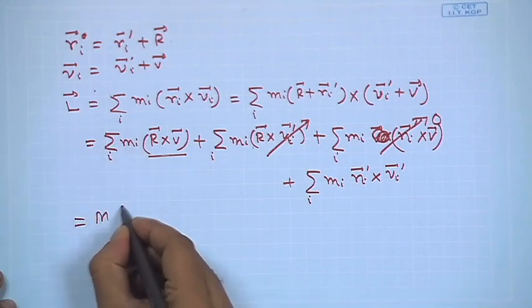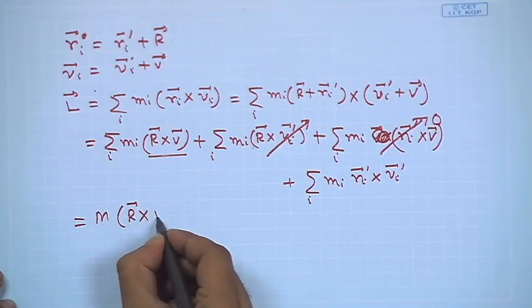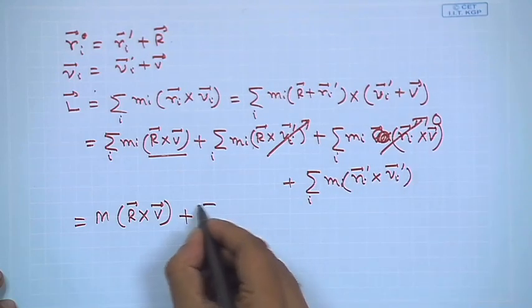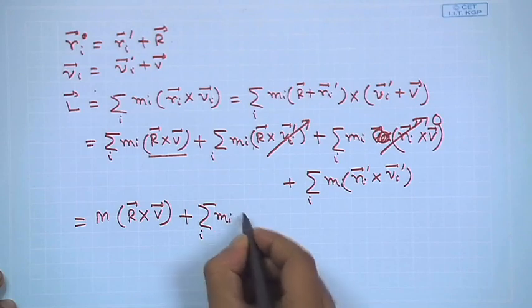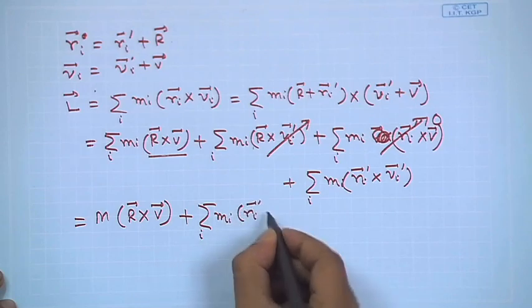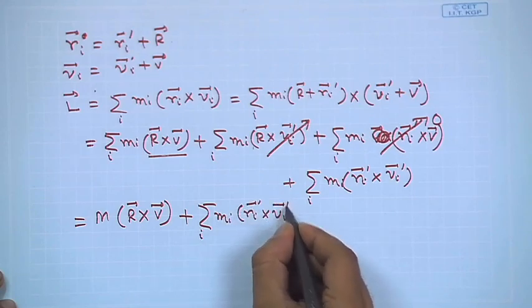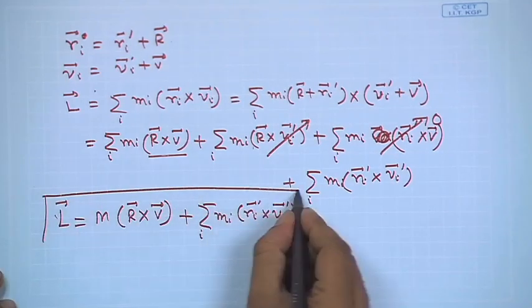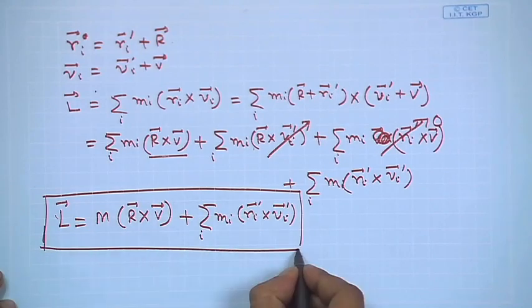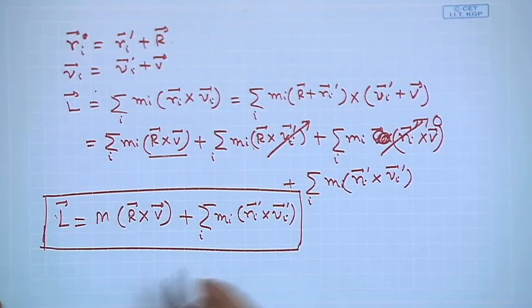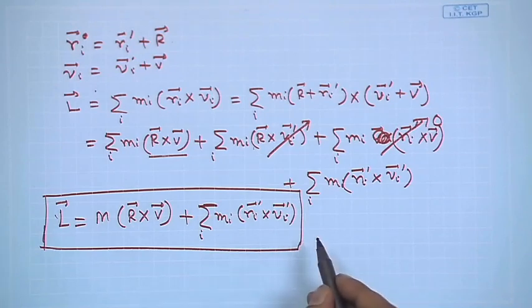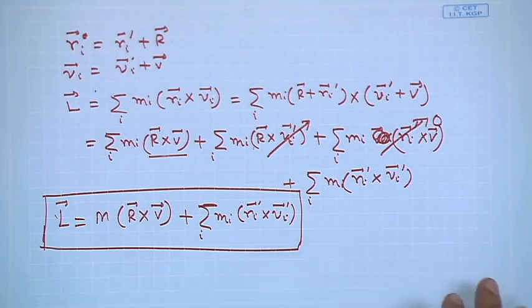So, this is M R cross V plus this additional term, which is sum over i m_i r_i prime cross v_i prime. So, hence we have proved what we have to prove, and we will see later that this quantity itself will give us some interesting theorems of moments of inertia, but that comes later.